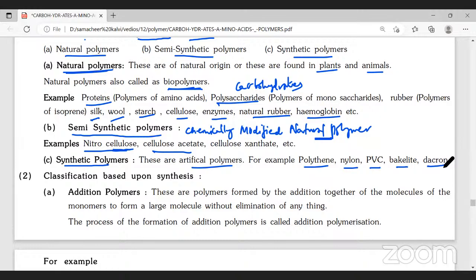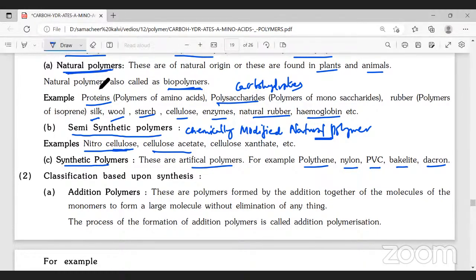Synthetic polymer means polymers which are synthesized, manufactured, made. So this is the way polymers are classified based on their origin: the first is natural polymers, the second is semi-synthetic polymers, the third is synthetic polymers.